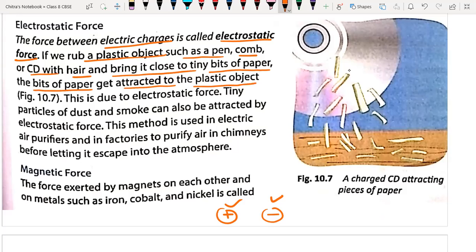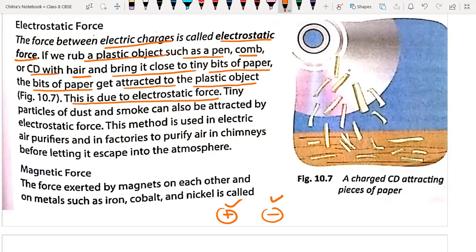So here the electrostatic force is produced. Whatever object you rub with your hair will get charged and will attract other small objects like bits of paper. This is due to the electrostatic force.